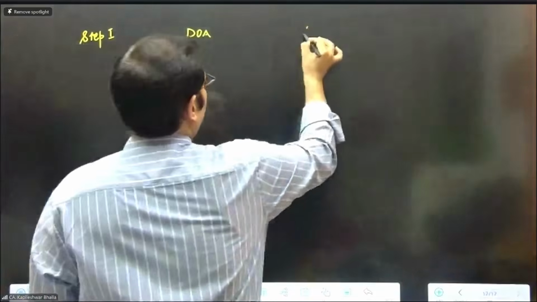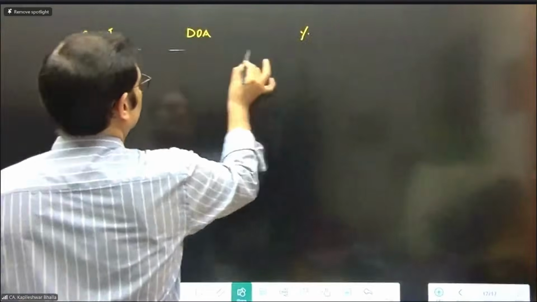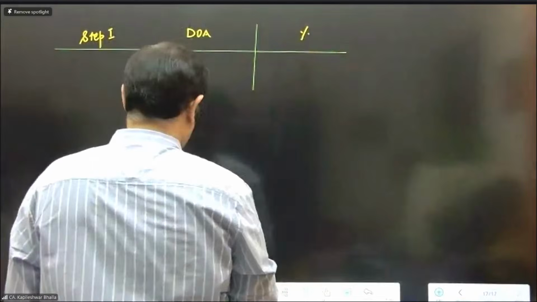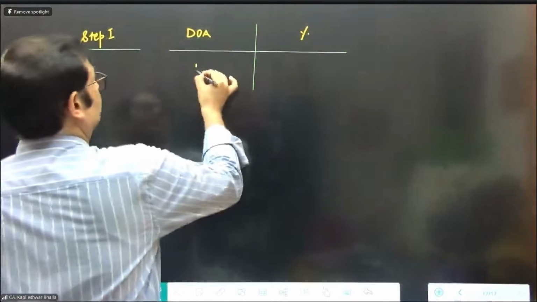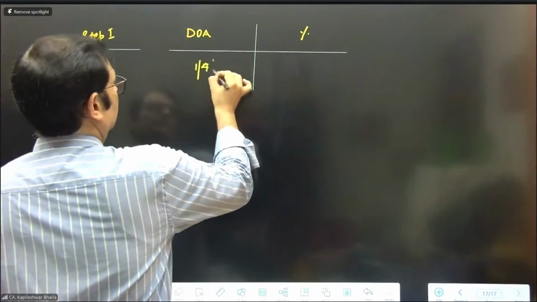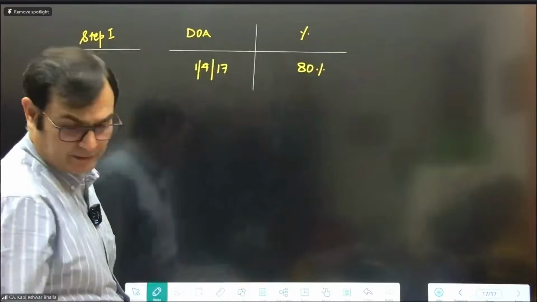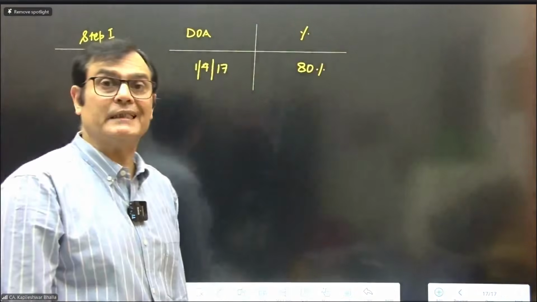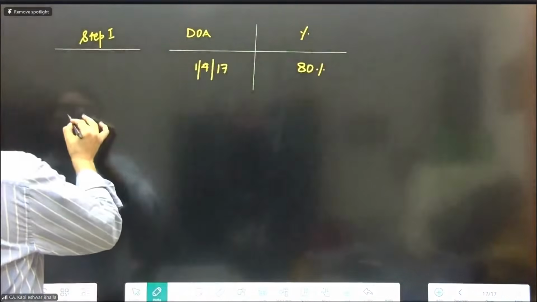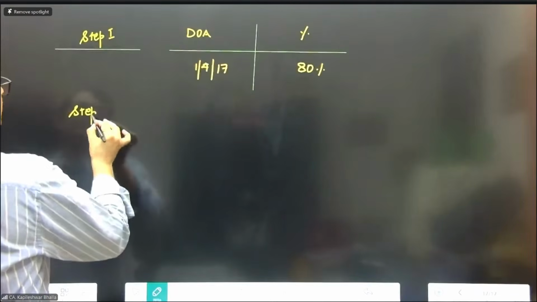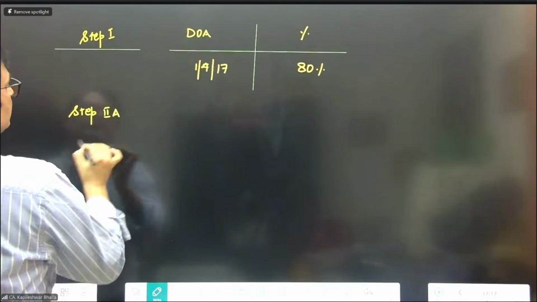So we need to get the date of acquisition and we need to get the percentage. As far as the date of acquisition is concerned, it is 1st April 17, and the percentage is very clearly given in the question. At the very start, it is 80%. Now the category of question is an acquisition at a later date.